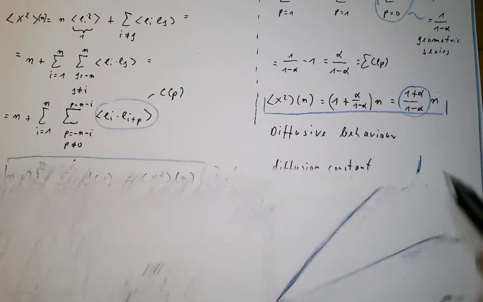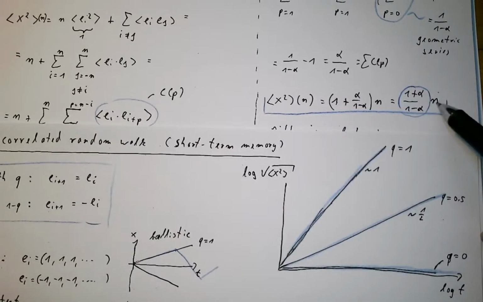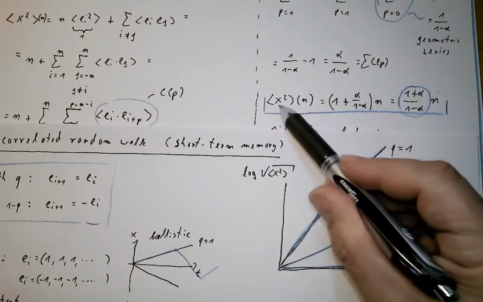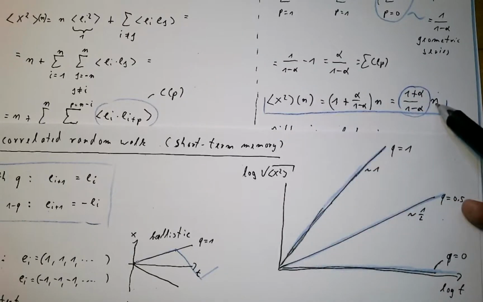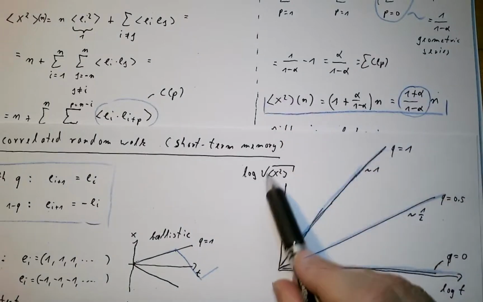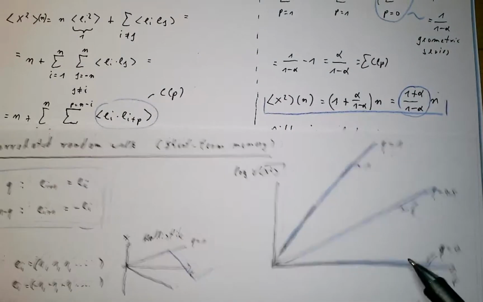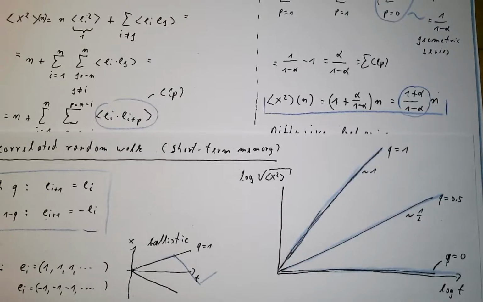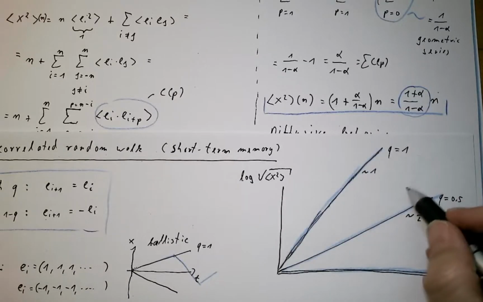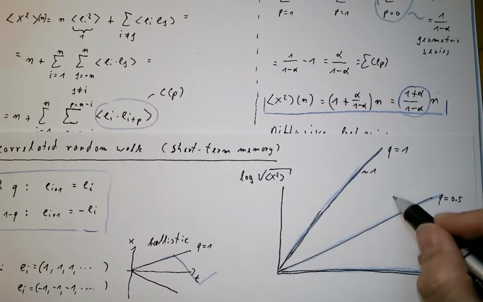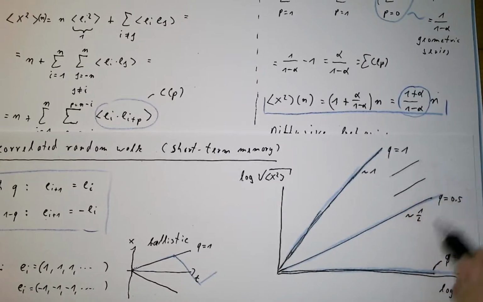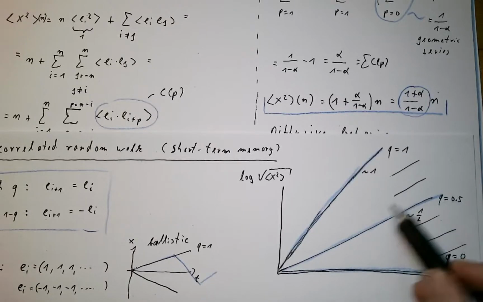But what we found out now is that we should always go here, the second moment should go linear in time. This means the square root of this should go with the square root of time, which means in a log plot, for all q values, we should have functions which increase with slope 0.5. Yeah. But how is this possible?